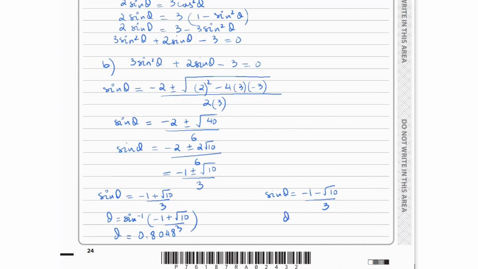And when you find sine inverse of this one, it's not applicable. So now we know that x is supposed to be between negative pi and pi.